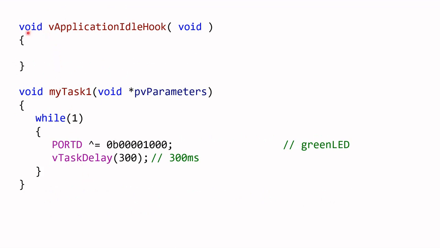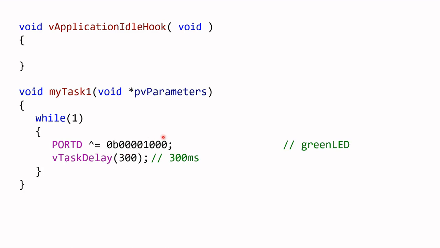In here we have the void vApplicationIdleHook function. We're not doing anything inside this function, so it's left blank. We need this, as we've seen in the earlier example. Then this is my first task. This is identical to the previous example.